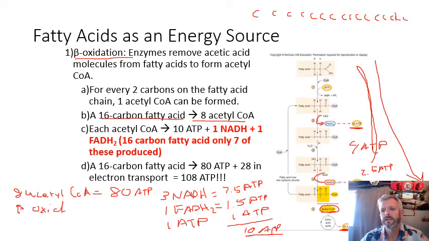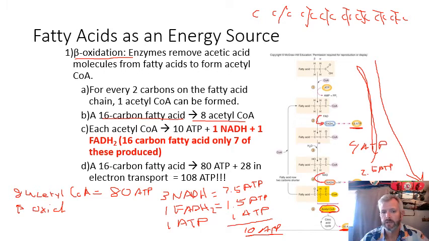We're cleaving there, there, there, there, there, there, there. We don't have anything to cleave on this end. So how many do we end up with? 1, 2, 3, 4, 5, 6, 7 cleavages.